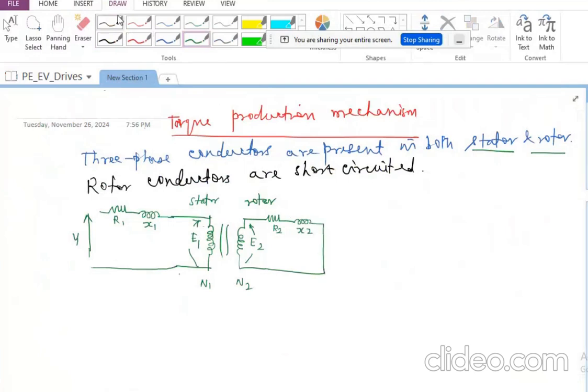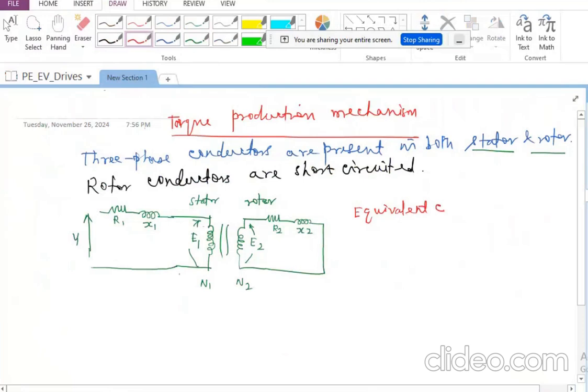So this is the equivalent circuit of the induction motor per phase when the rotor is in standstill condition. That means it is not rotating at all. When it is in standstill condition, this is what is happening.